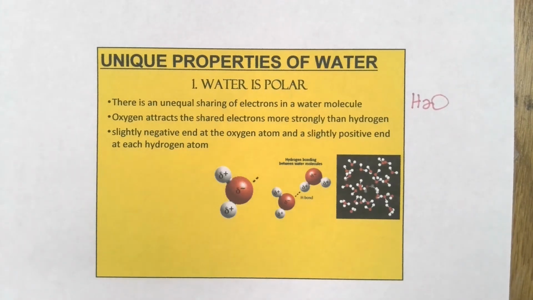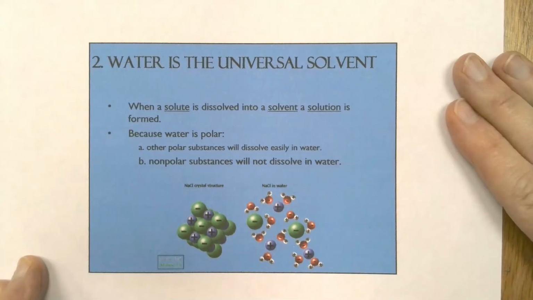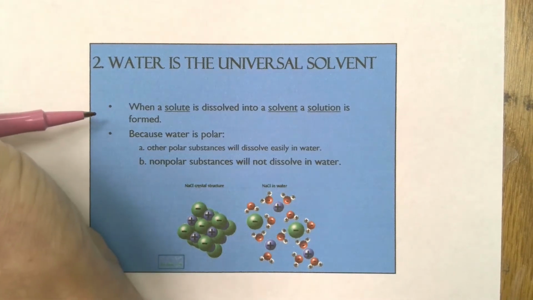So because water is polar with unequal sharing of electrons, it's also going to serve as the universal solvent. And you should have learned these two things, water being polar and it being the universal solvent, hopefully in middle school. And if not, hopefully you at least learned these terms, even if you didn't focus a ton on water with this.